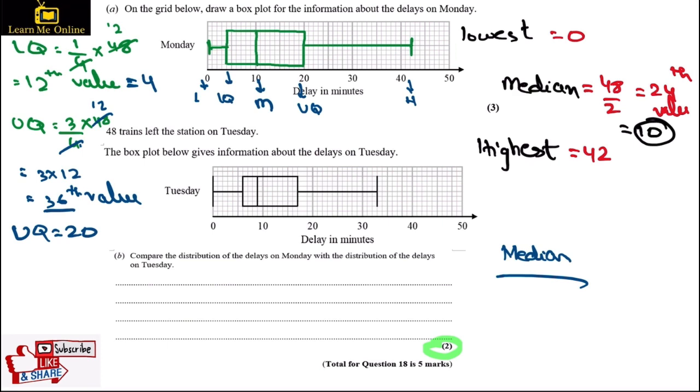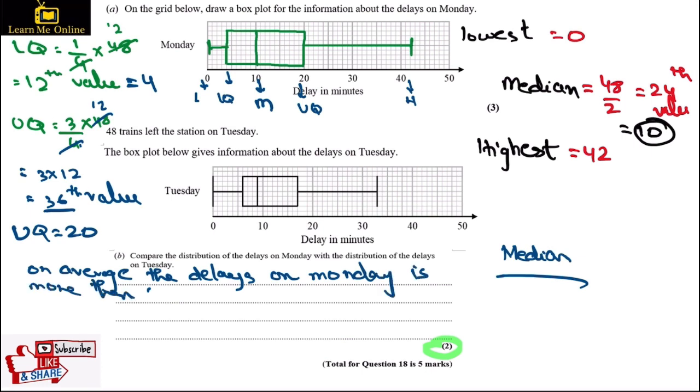So we're going to write down that on average the delays on Monday are more than Tuesday. That's the first thing you write down, and you say that it is with the median.